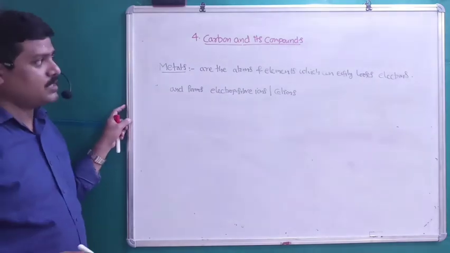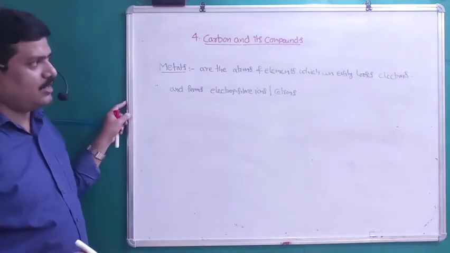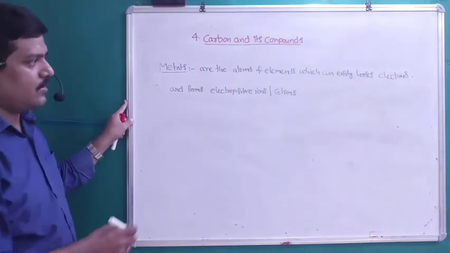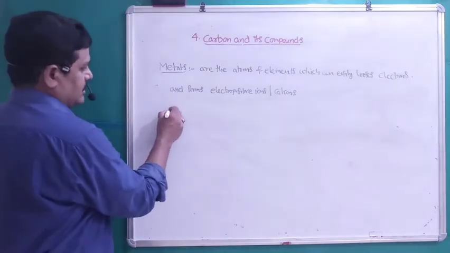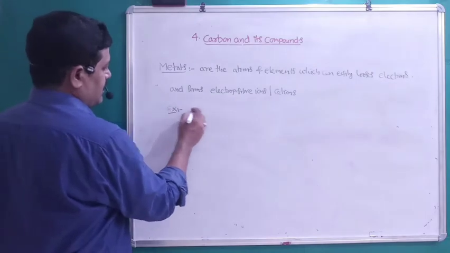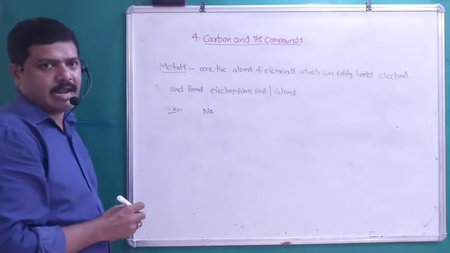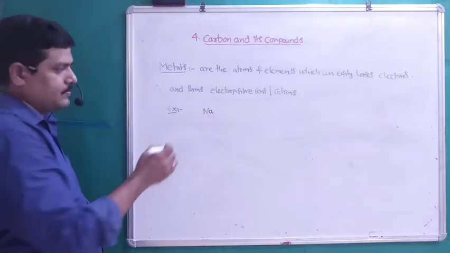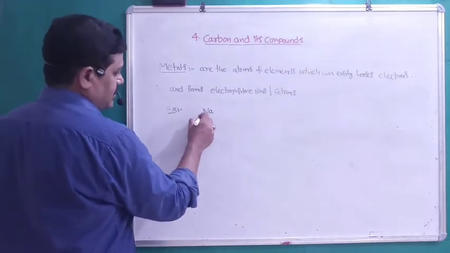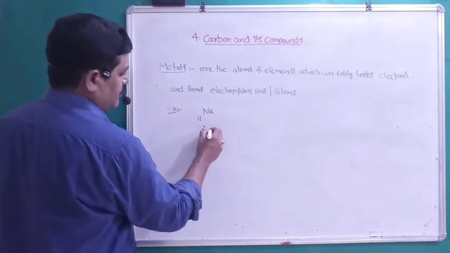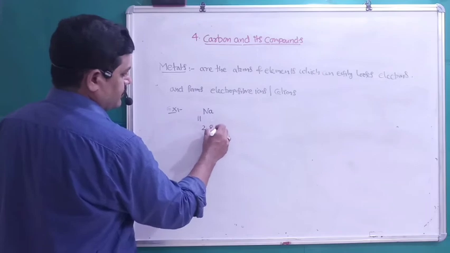Metals are the atoms of the elements which can easily lose electrons and form electropositive ions which are known as cations. Let us take one example. Sodium's symbol is Na because the Latin name of sodium is natrium. Its atomic number is 11. Electronic configuration is 2, 8, 1.